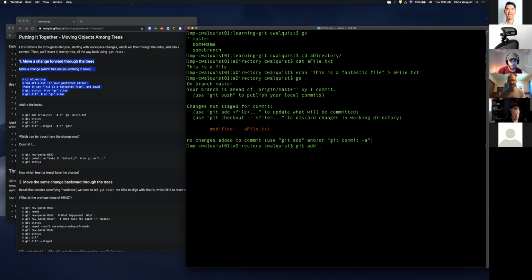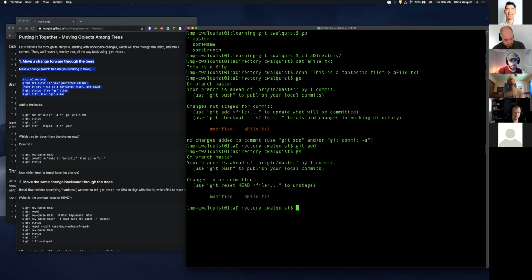So something to be careful with if you have stuff that you don't want to be tracked, but it's also very handy. So now it's changed from red to green, which tells us that before it was not staged, now it is staged. Changes to be committed, and we have to unstage it if we don't want it to be there anymore in that index.